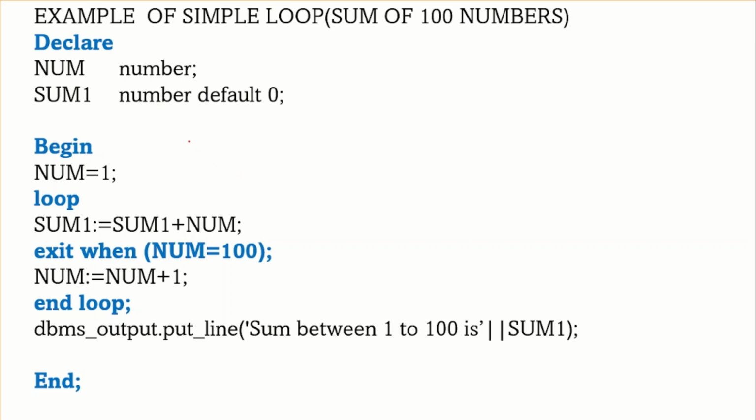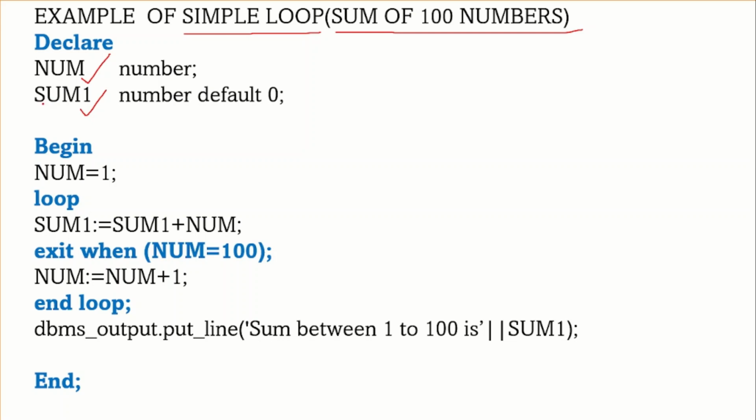Now see, this is an example of a simple loop. I have taken a num variable, then I have taken a sum variable, and this is the program of finding the sum of 100 numbers, right? By default we have taken sum1, because sum is a function name, so I cannot take sum as it is. This will throw an error.